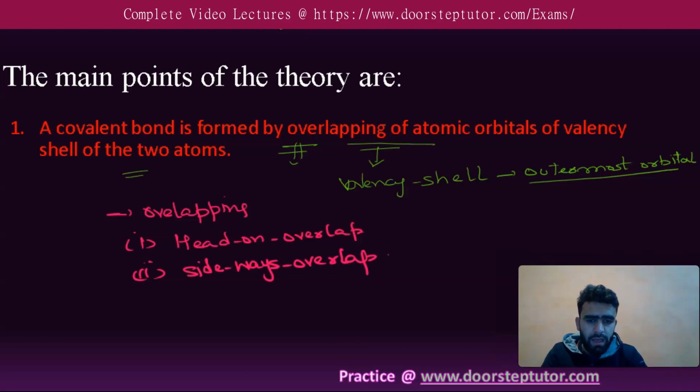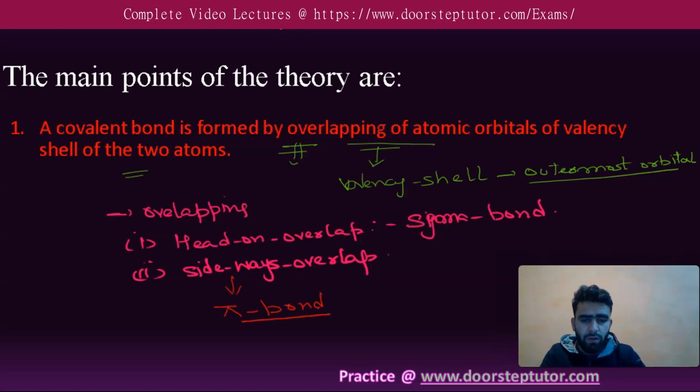When there is head-on overlap, a sigma bond is formed. And when there is sideways overlapping, a pi bond is formed. So first of all, we will look at how head-on overlap occurs, that is, how a sigma bond is formed, and then we will look at how a pi bond is formed, or how sideways overlap occurs.